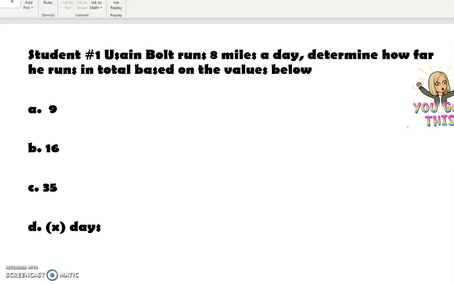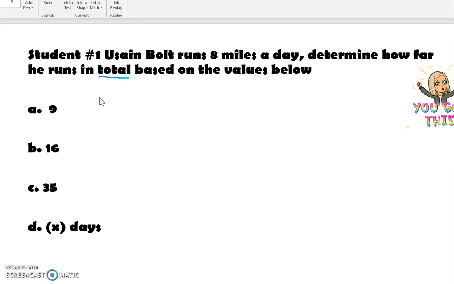Usain Bolt runs 8 miles a day, and we want to know how far he runs in total based on the values below. So total here is going to help me, and total could mean that I'm doing two possible operations. So I need to think a little bit deeper into what the question is telling me to decide between those two.